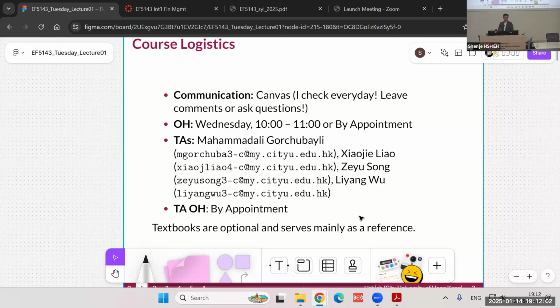If you do have questions about the homework or the midterm grading, these are the people to talk to. Otherwise, you can send me a direct message on Canvas, and I reply fairly quickly. Don't be afraid to just say anything on Canvas. And if I think your question is important, I will share it with the rest of the students in EF 5143.